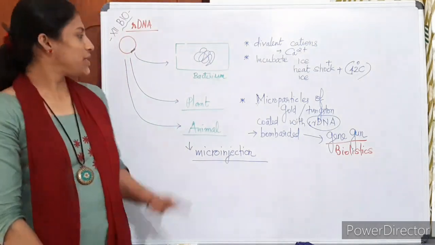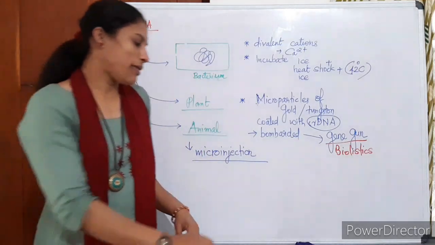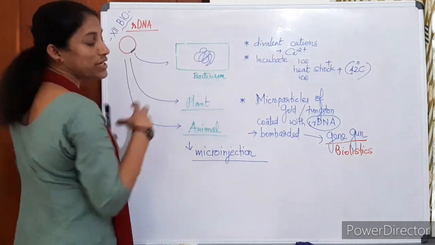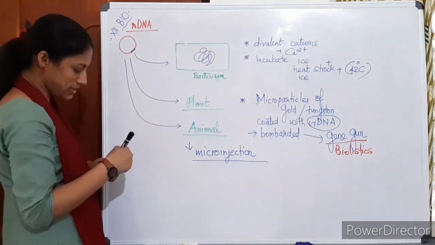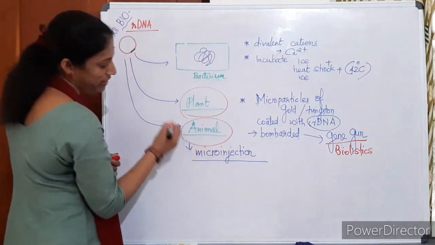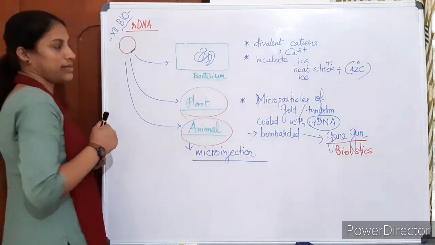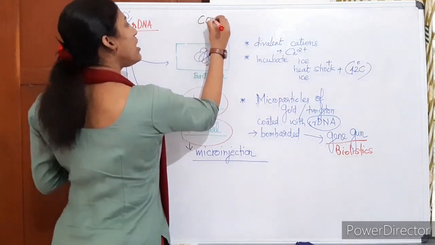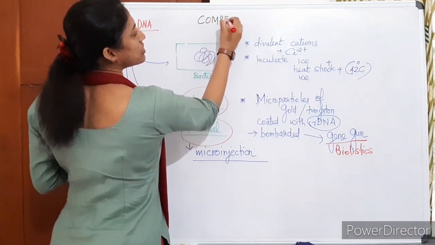Is it clear? So these are the ways the rDNA enters the host cells, whether bacterium, animal cell, or plant cell. In your textbook, this is given under the heading competent host.